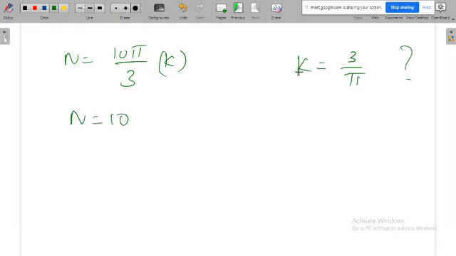But is k equal to 3 by 5 valid? It is not valid, because k also has to be an integer. If you substitute 3 divided by 3.14, you will get some number, and k is not an integer. The condition says that by putting k as an integer, you have to get n as an integer. Again this is not possible. That's why this is not periodic.